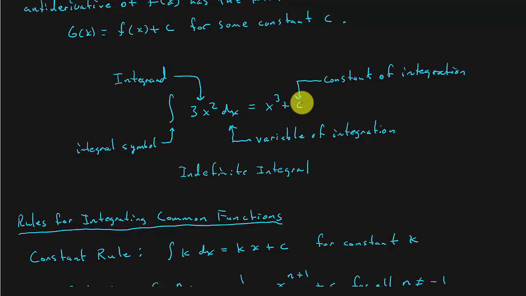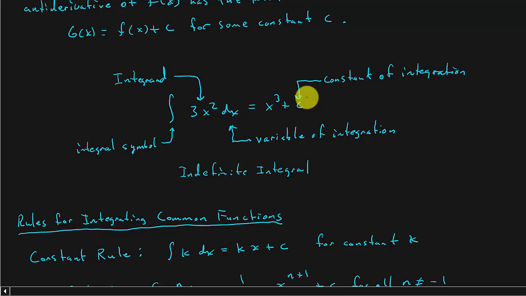Well, what number is it? I don't know. We don't know what number it is. But you'll see when we get into some other problems, word problems and such, that we will be given some extra information so that we'll be able to find c.